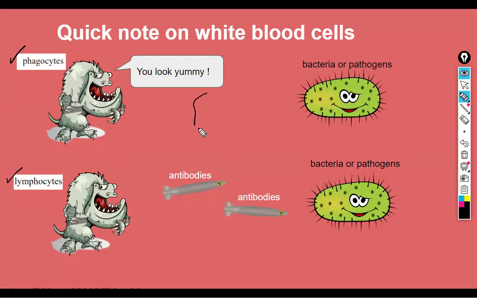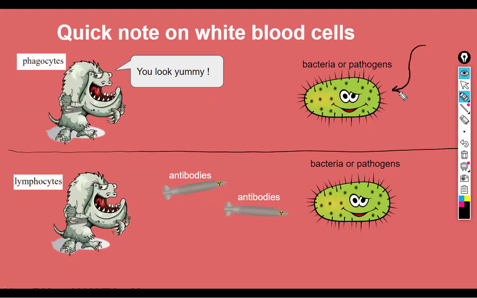White blood cells just usually look like a small blob, right? That's all they basically look like. So I'm going to show you how both of them work. I'm going to draw a little dividing line here. Let's say this scary looking bacteria, better known as a pathogen, invades your body and plans to make you sick.